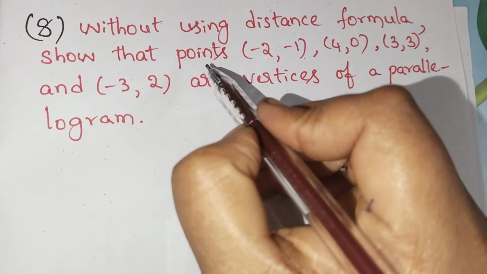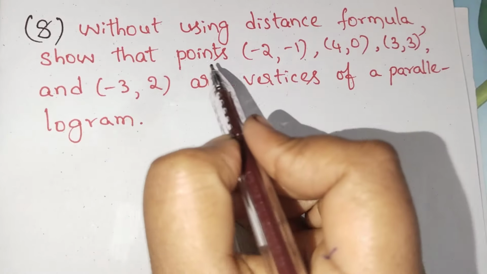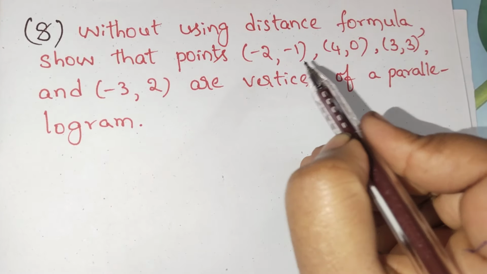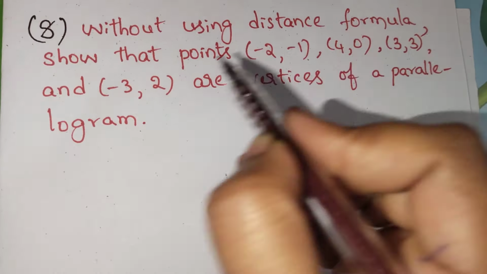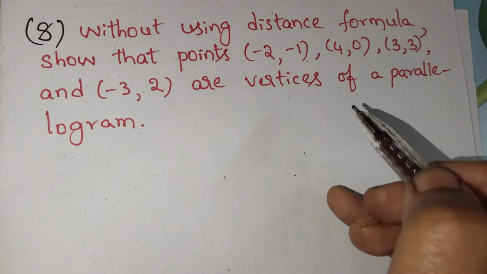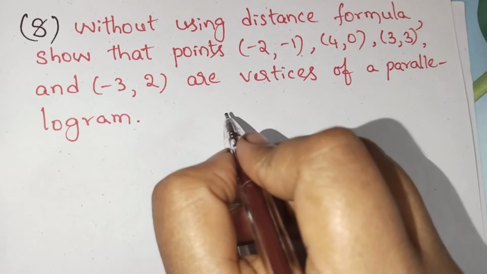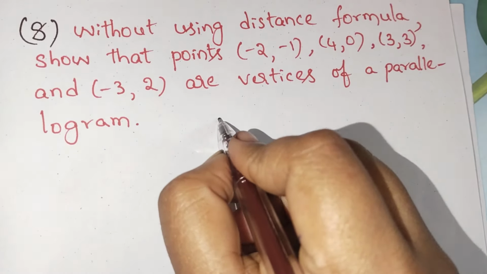The next important question is, without using distance formula, show that the points (-2, -1), (4, 0), (3, 3) and (-3, 2) are vertices of a parallelogram. So we need to draw the parallelogram first. I'll show by using this figure.